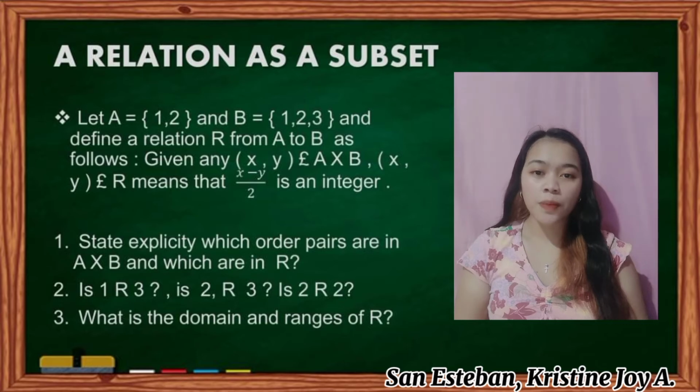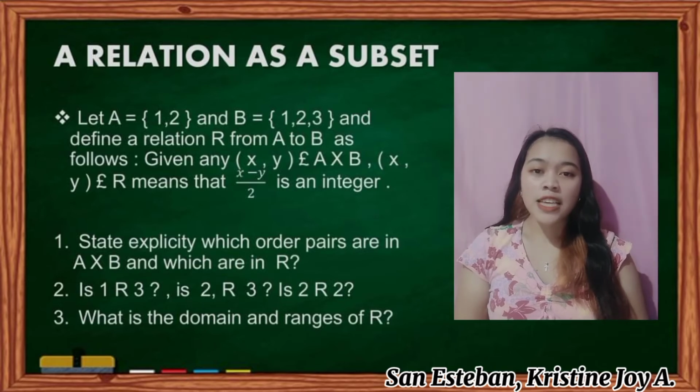Given that (x, y) is an element of the product of sets A and B, (x, y) is an element of relation R means that the statement (x minus y) over 2 is an integer.